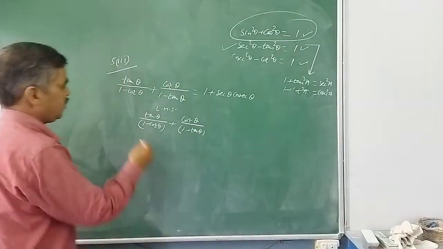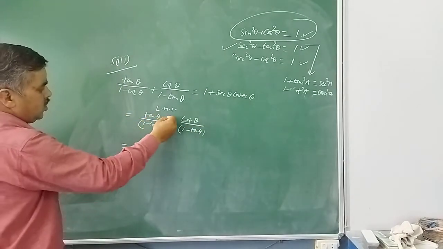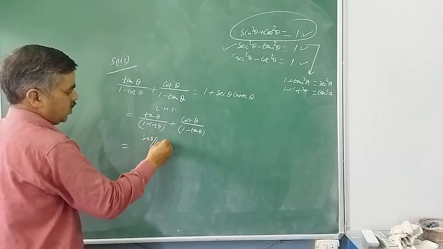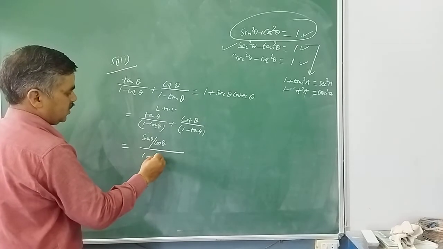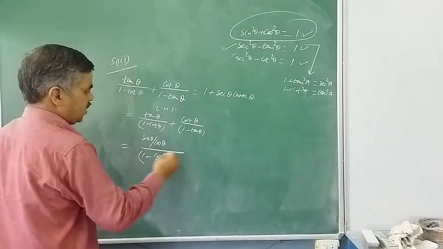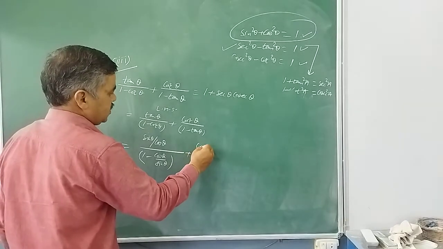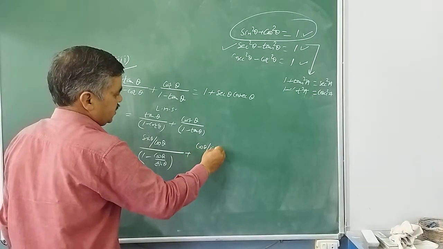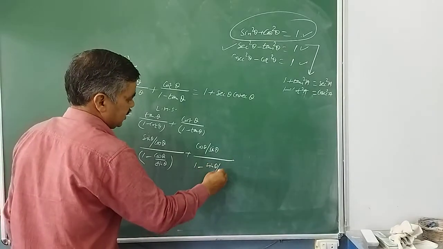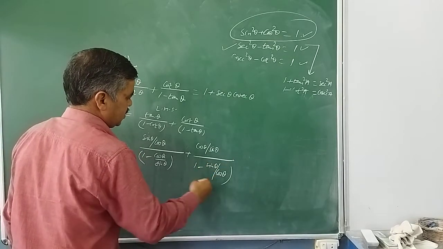As I told, if nothing is known to you, you start converting in terms of sin theta and cos theta. So tangent theta upon 1 minus cos theta upon sin theta. Then here it is cot theta, cos theta upon sin theta, upon 1 minus sin theta upon cos theta.